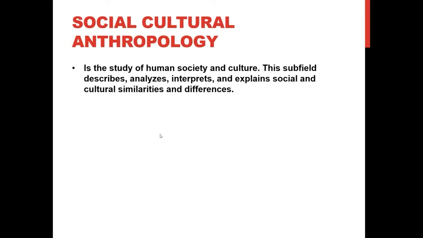Social culture anthropology is the study of human society and culture. This subfield describes, analyzes, interprets, and explains social and cultural similarities and differences. Pretty straightforward, but I also think there should be another sentence here that talks about not only the similarities and differences, but more importantly, drawing the line as to what it means to be human.